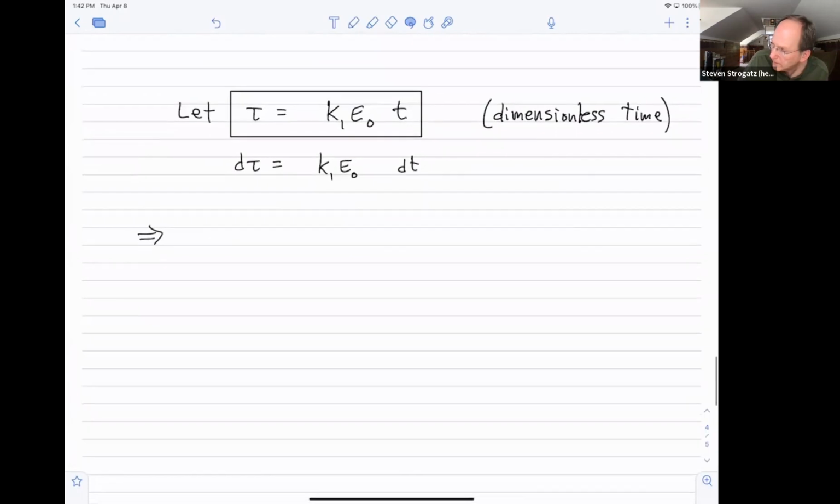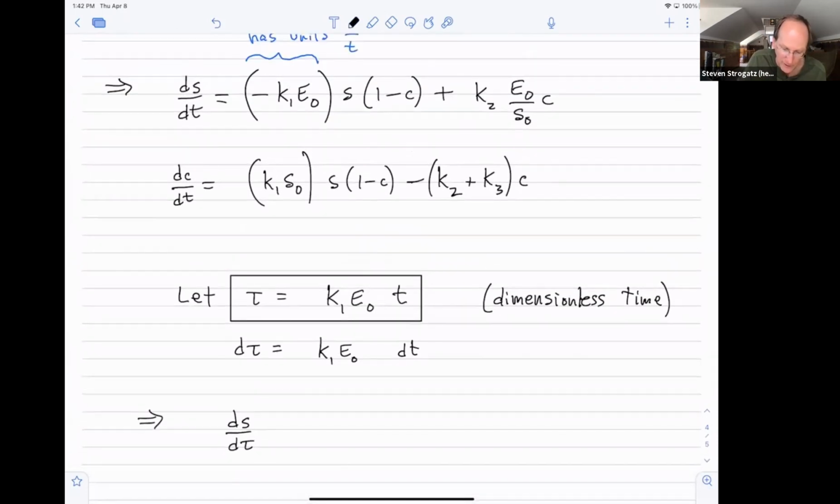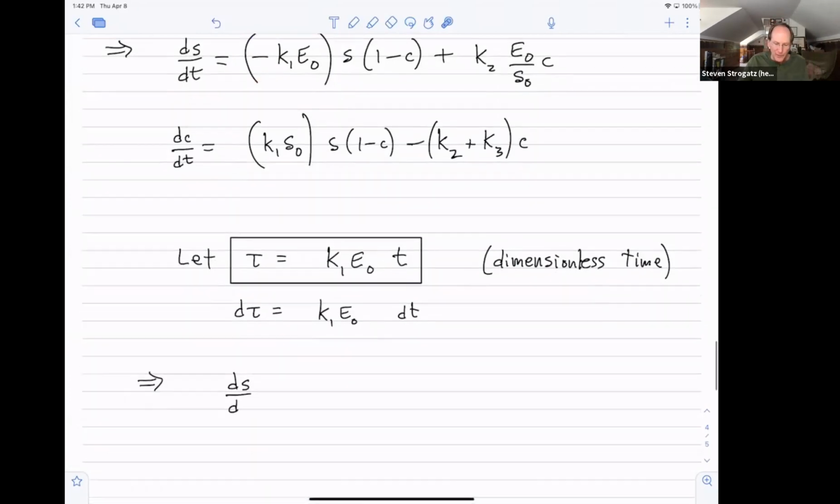Let's see, I got ds over d tau. That's the first one. That should look very nice. The way I want to think of it is take this thing that I've just indicated here and imagine sliding it underneath to conspire with the dt to make the whole thing dimensionless.